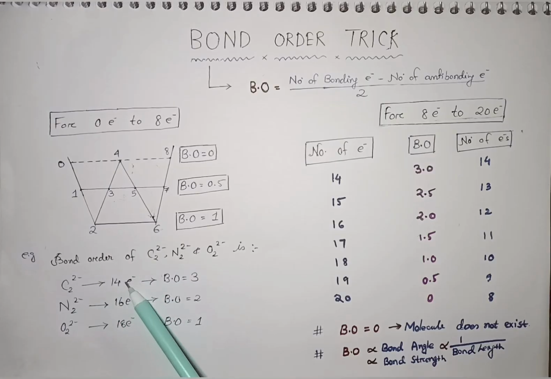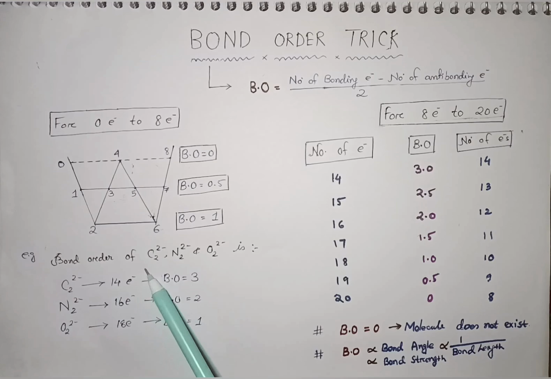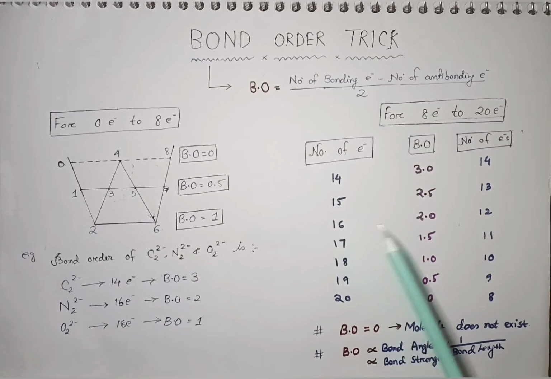So for 14 electrons the bond order is 3. And in N2 2 minus there are 16 electrons, and for 16 electrons we have bond order 2. And in O2 2 minus we have 18 electrons, and for 18 electrons the bond order is 1, so you can write bond order directly 1.